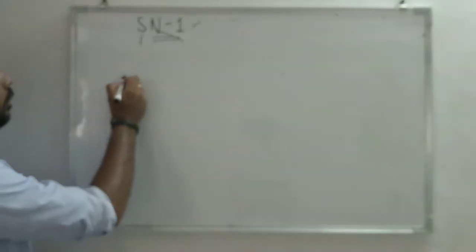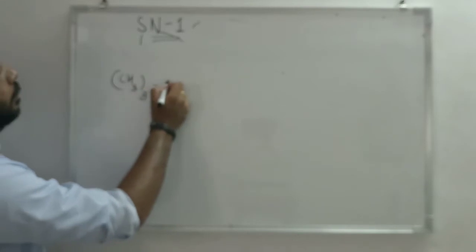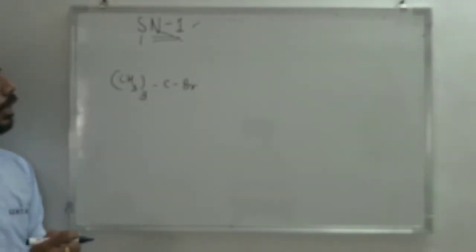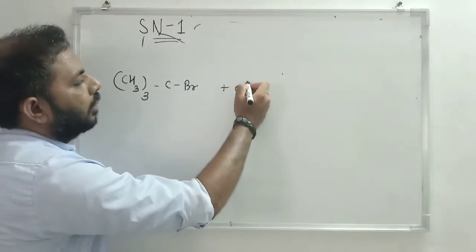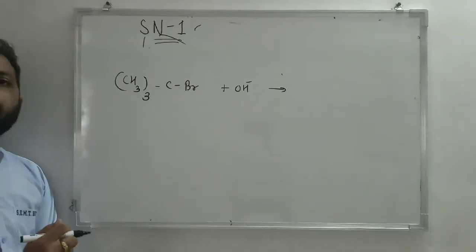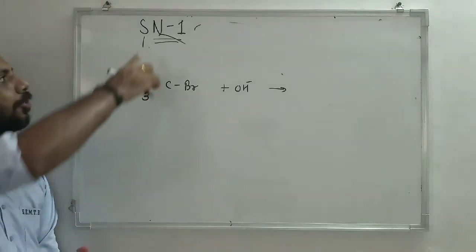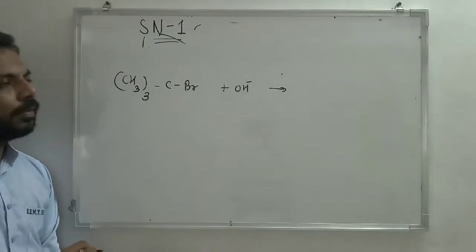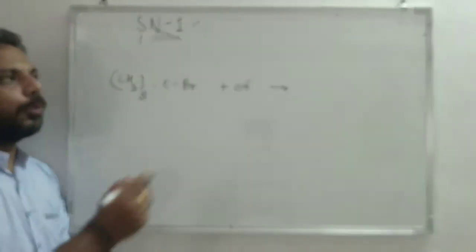So here tertiary haloalkane is there, and one nucleophile is there, let's say OH minus. Okay, now as we know, the name of this reaction suggests that there will be substitution of haloalkane by nucleophile, but here the solvent should be protic.